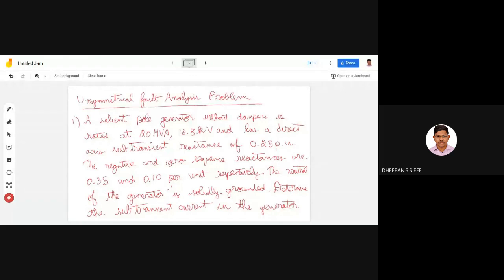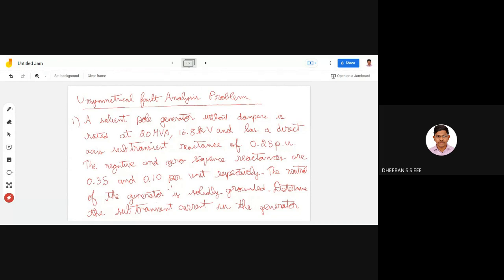You can consider this parameter to be your positive sequence reactance, that is Z1. This will always be given with respect to your generator. When we come to the sequence network diagram, you will understand it very clearly. I'll be showing it.